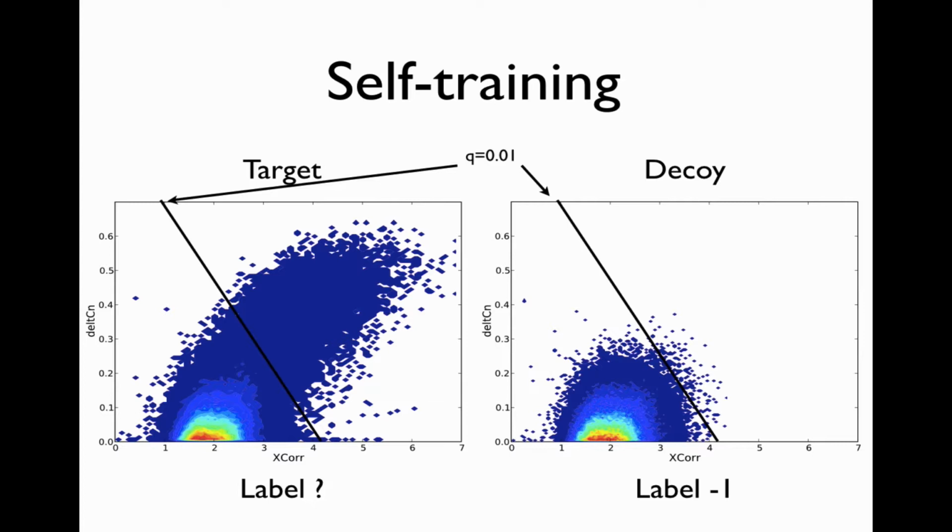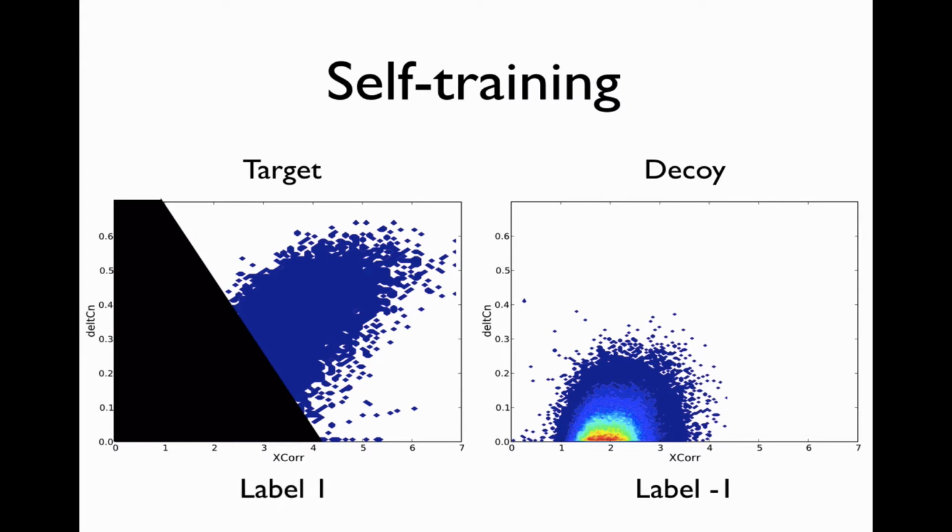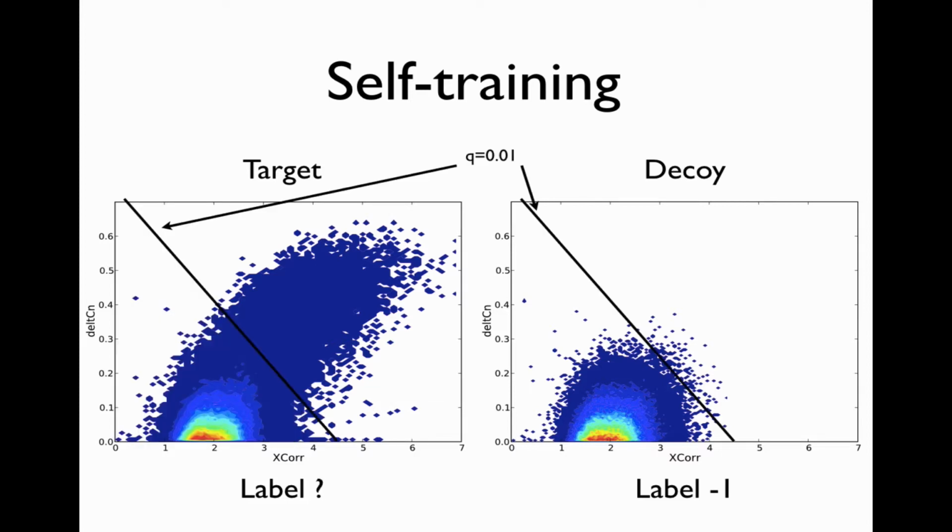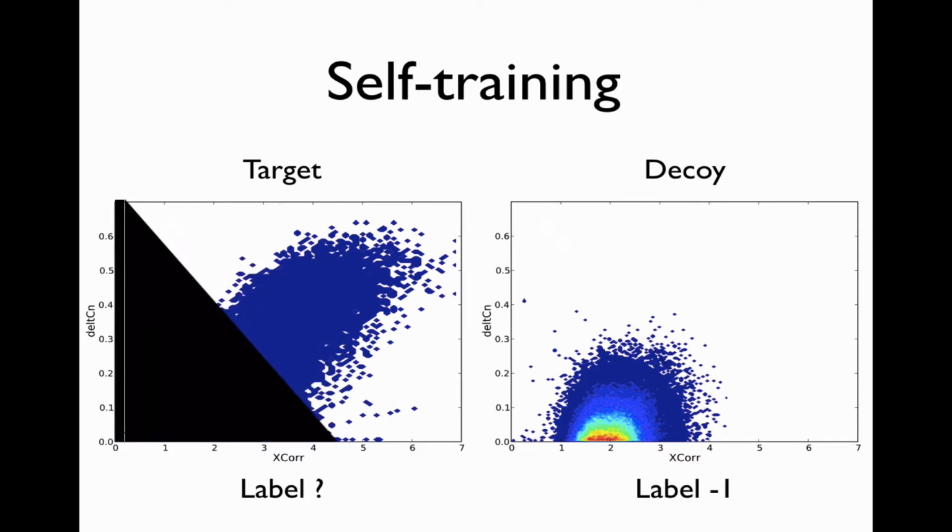Of course, we will be pleased by seeing this increase, but the intelligent audience here realized that we could use this as a new threshold for designing an even better training set. So we take a new set of target PSMs and train them against a set of decoys. In fact, we can do this over and over again until we converge.